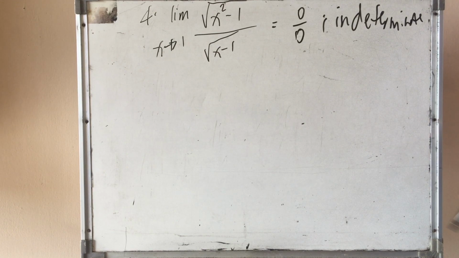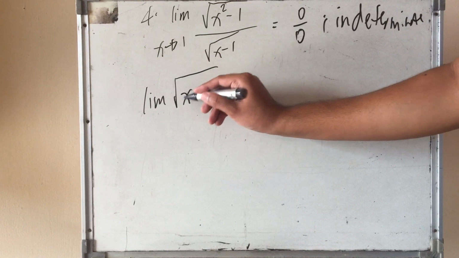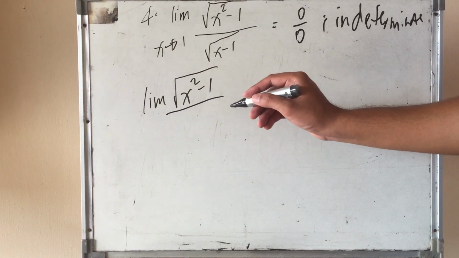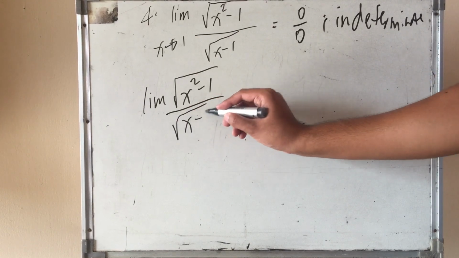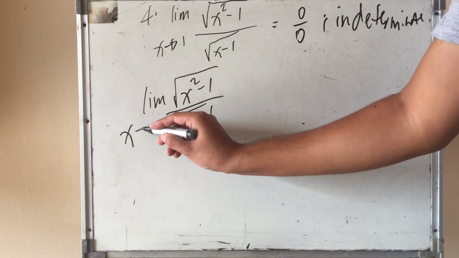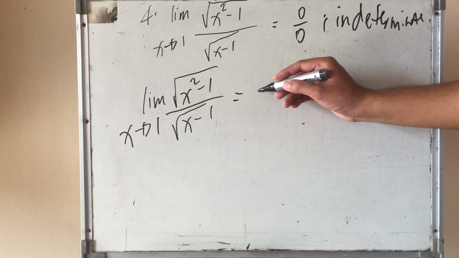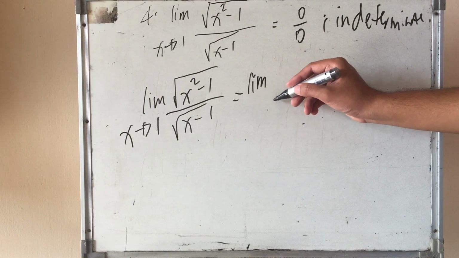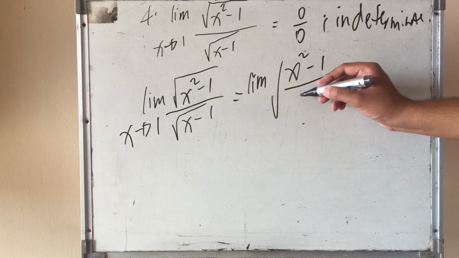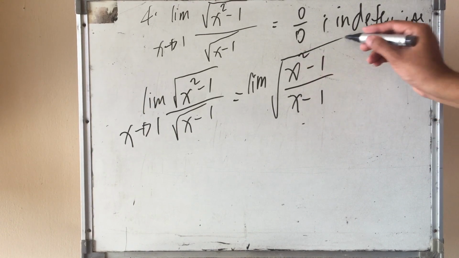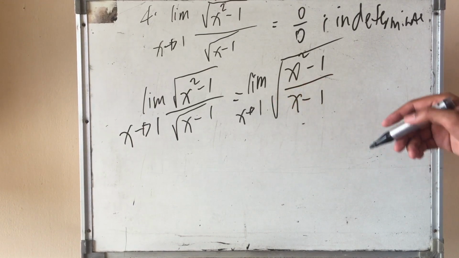That is, the limit of the square root of x squared minus 1 over the square root of x minus 1 as x approaches 1 is equal to the limit of the square root of x squared minus 1 divided by x minus 1 as x approaches 1.